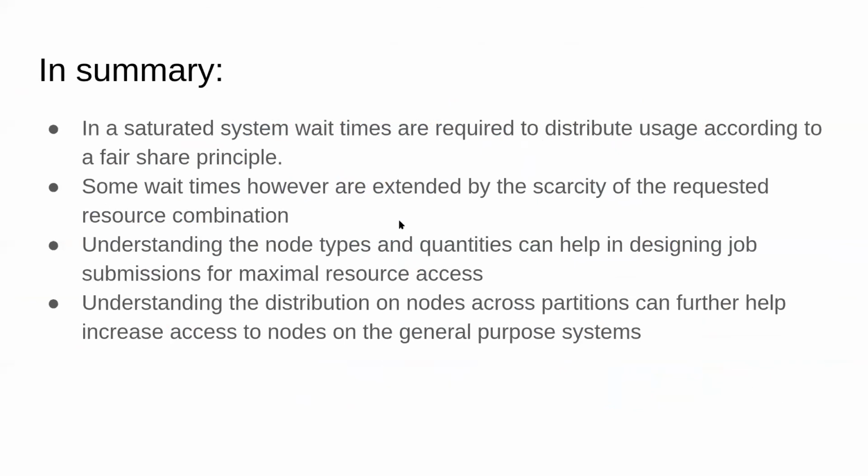So in summary, what I want to get across is that a saturated system like the general purpose systems of the Compute Canada environment, those systems will have wait times, and those wait times are required to distribute the usage according to the fair share principles. But some of those wait times are extended because the type of job isolated itself to a more scarce type of resource, either because of the hardware in the nodes or because of the way that the system is partitioned.